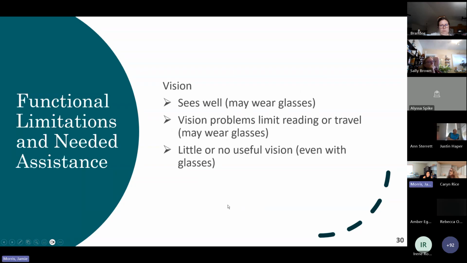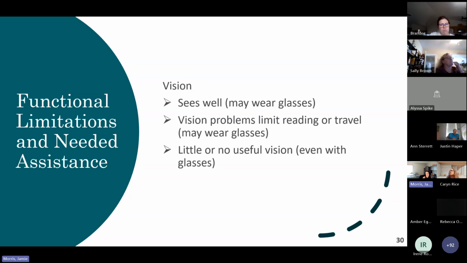For vision, we're only allowed to choose one. The options are listed here. So Michelle either sees well, she may wear glasses, she has vision problems that limit reading or travel, or she has little or no useful vision. The important thing to note here is we may be acknowledging the response based on the fact that she is using glasses.